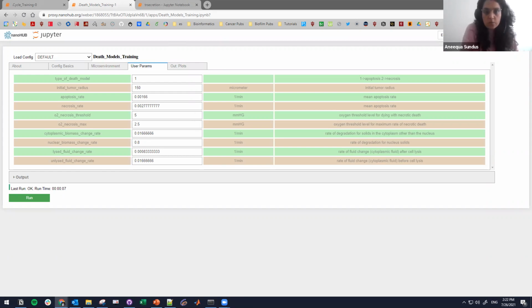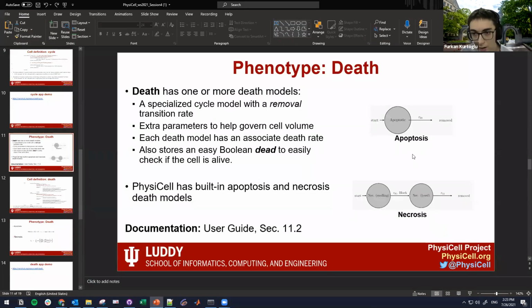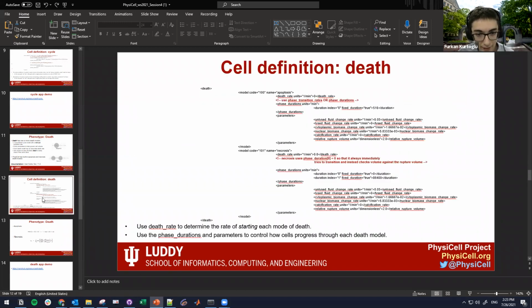How does lysed fluid rate affect apoptosis or necrosis? That's a great question. Let's go to here. You will see a lysed and unlysed fluid change rate.